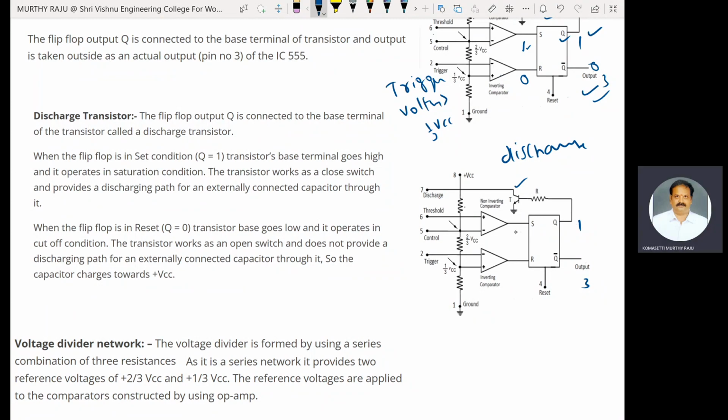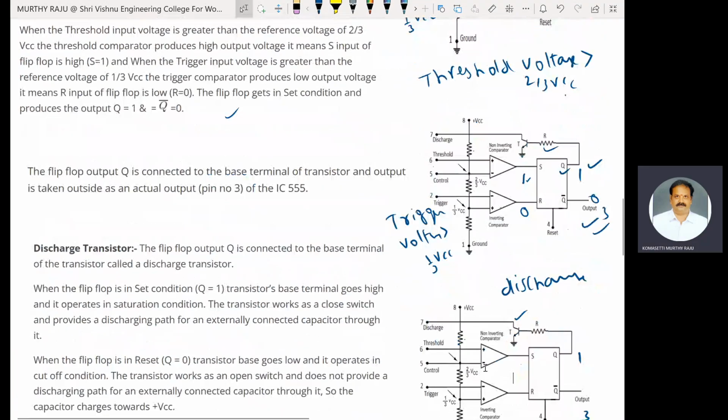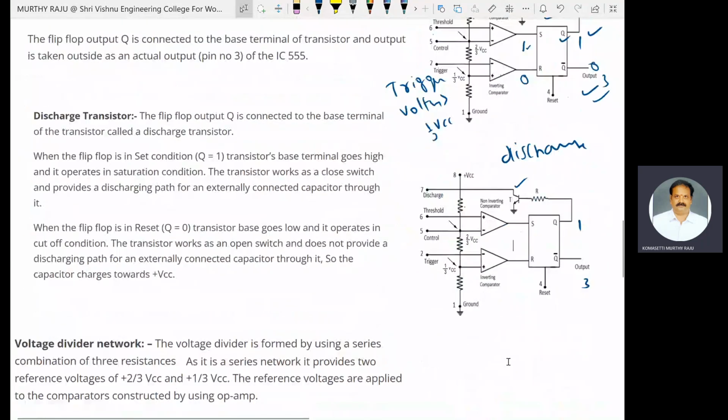S is equal to 1 means the threshold voltage is greater than the control voltage, because the threshold is at the positive terminal and 2 by 3 VCC is at the negative terminal. Therefore, the threshold voltage is greater than the reference voltage 2 by 3 VCC, the output of that non-inverting comparator is 1, and Q is 1.